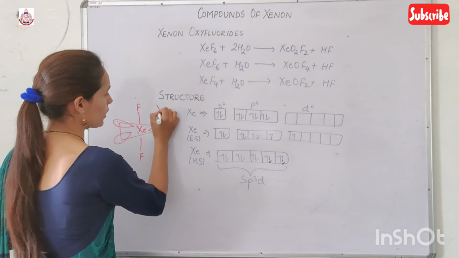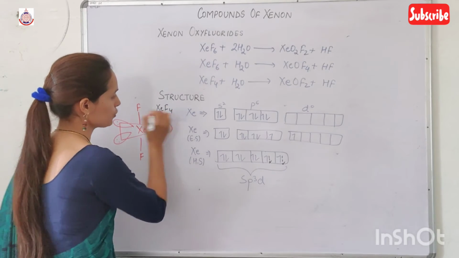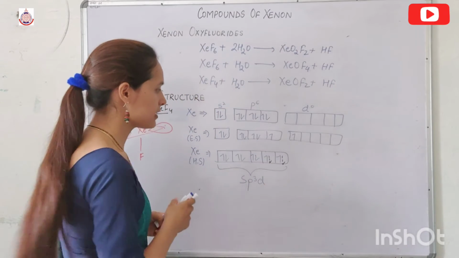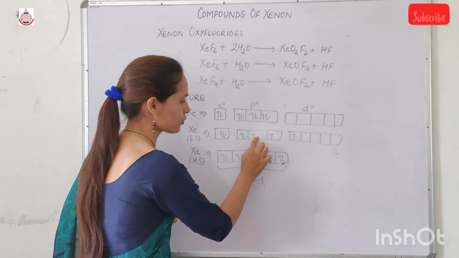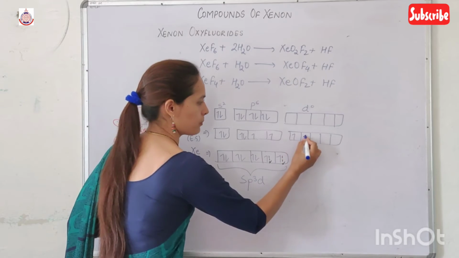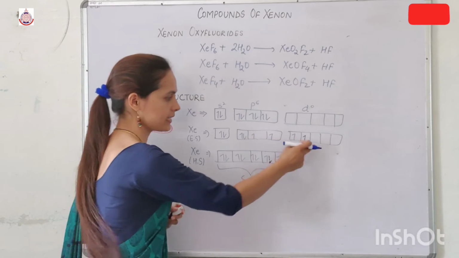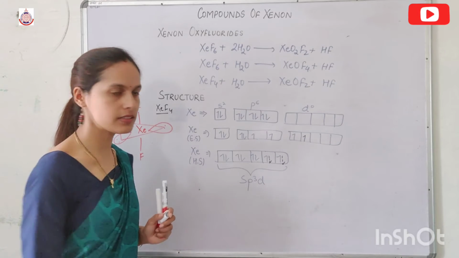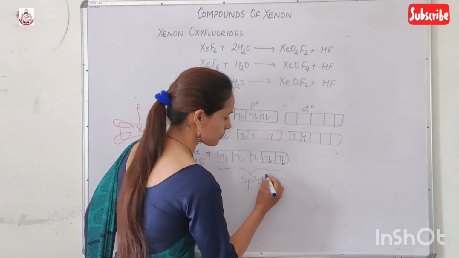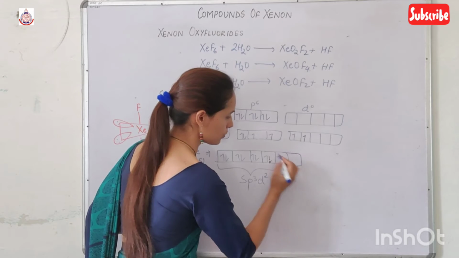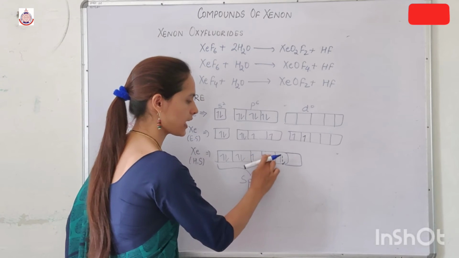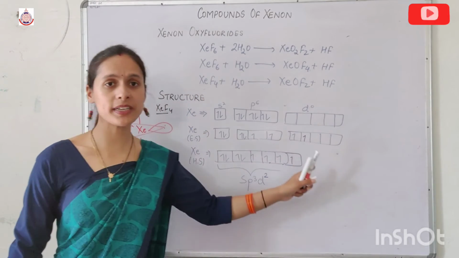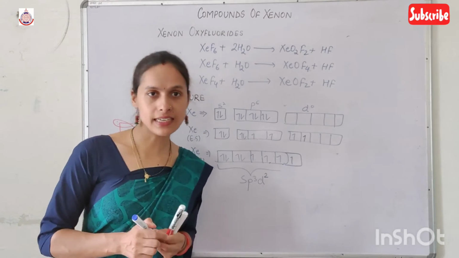Now, if I talk about XeF4, how many half-filled orbitals do I want? 4 half-filled orbitals, as a result of which one more electron from p jumps to d. Now the hybridization becomes sp3d2, and I have 4 orbitals in which I have a single electron.